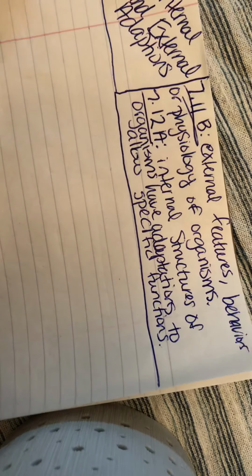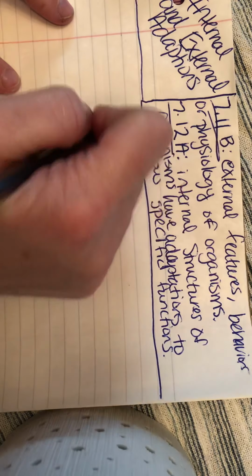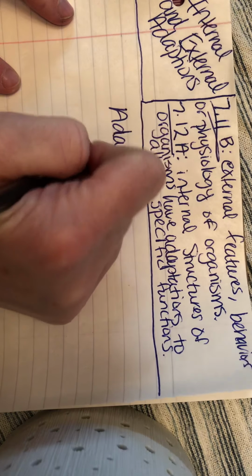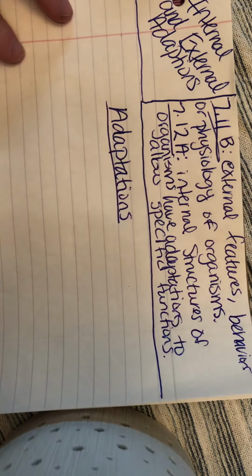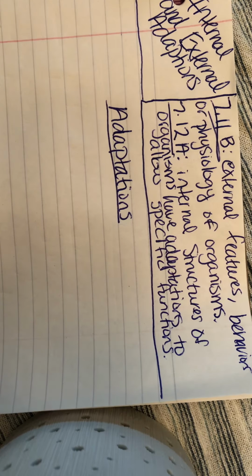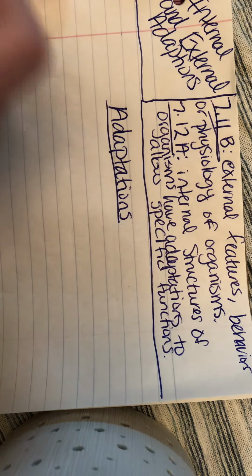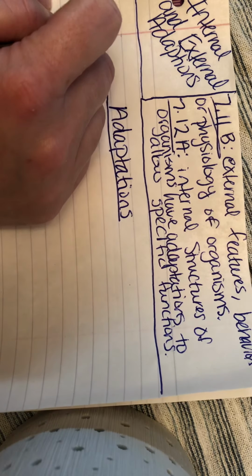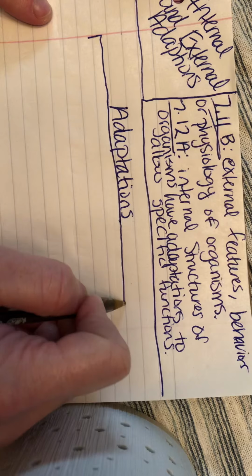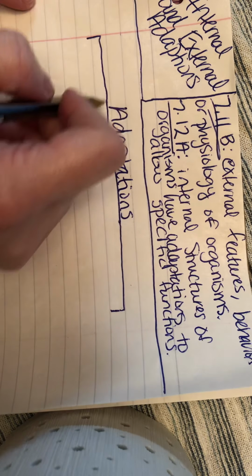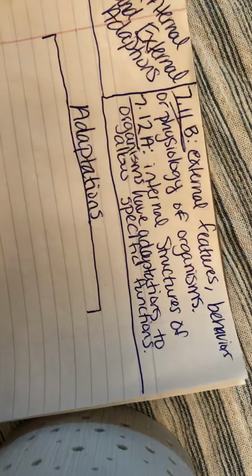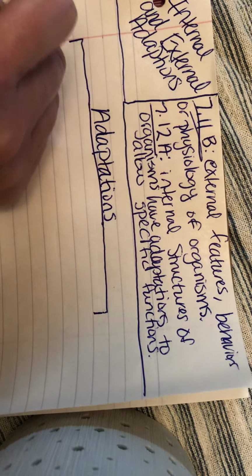So today we're gonna make a tree map. I'm gonna start it off with adaptations at the top. Don't forget, y'all, an adaptation is a behavior or structure that allows the organism to survive in an environment. So I'm gonna create my tree map. The first thing we're gonna talk about is external adaptations.